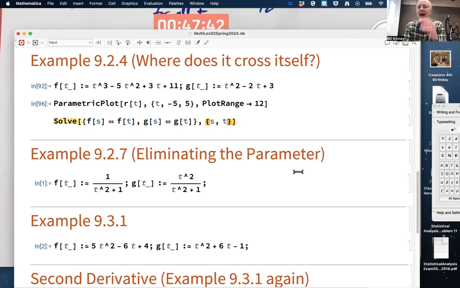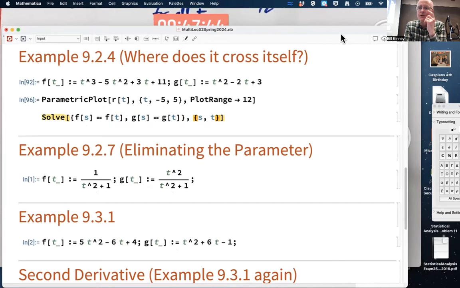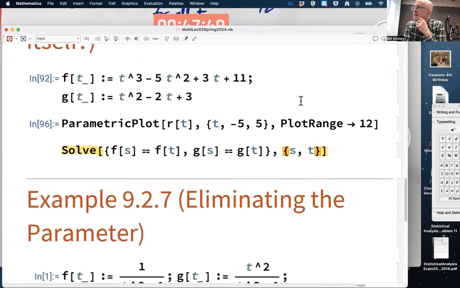You want both the x and y coordinates to be equal at 2 separate times, call them s and t. Understand the concept here? We're after 2 separate times, s and t, where the x coordinates are the same and the y coordinates are the same.